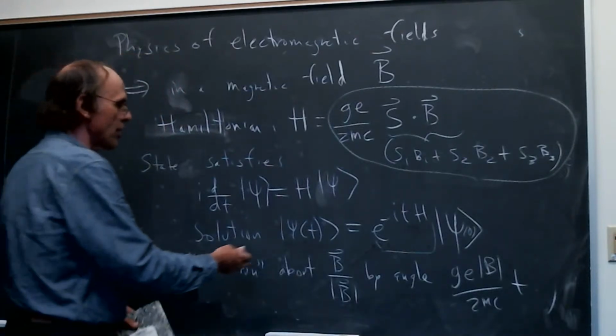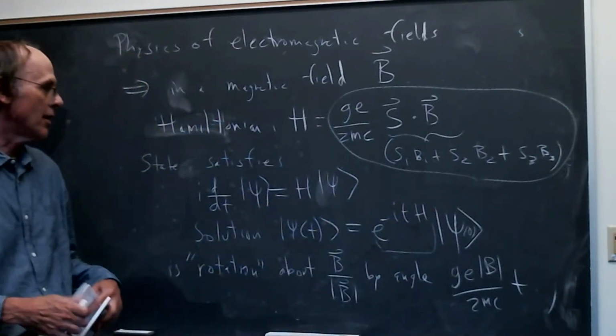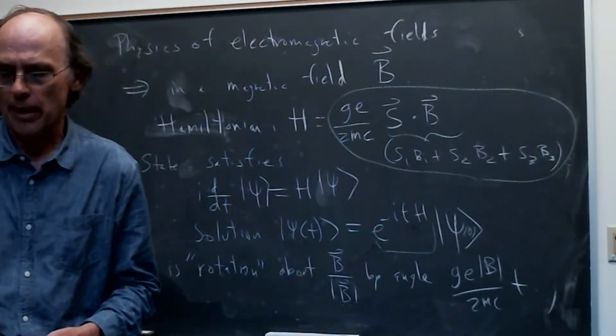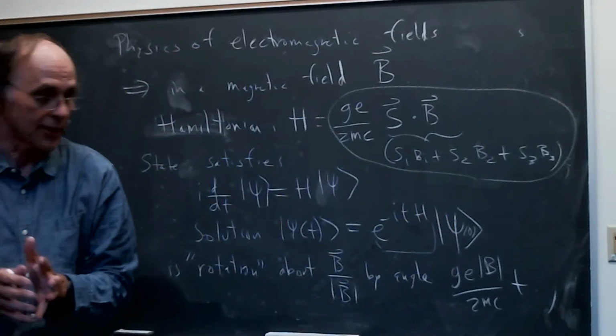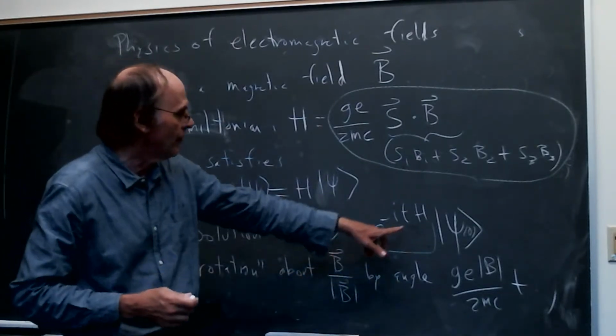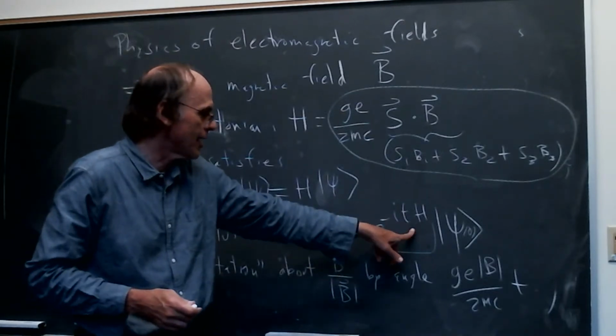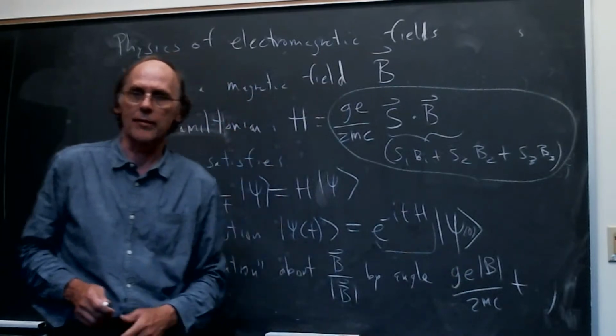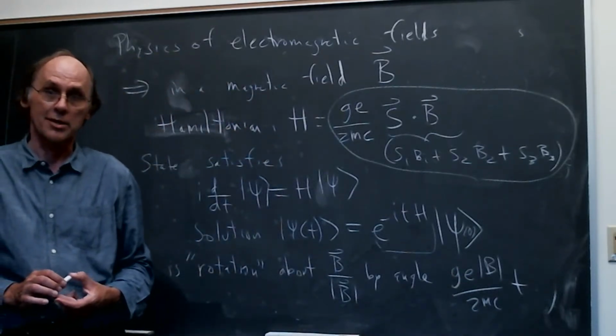So you can understand what a state in a fixed place is going to do if you put it in a background magnetic field. Its phase is just going to change at this constant rate if the magnetic field is constant.